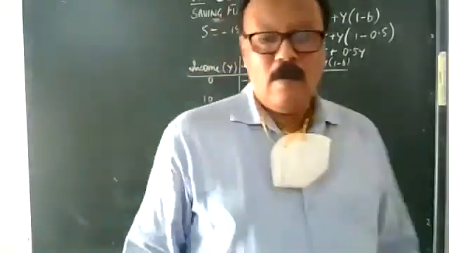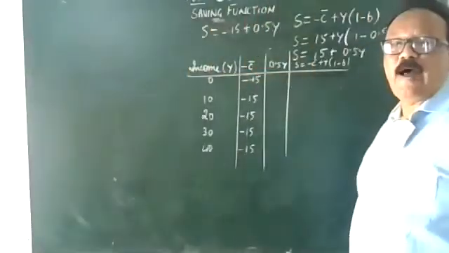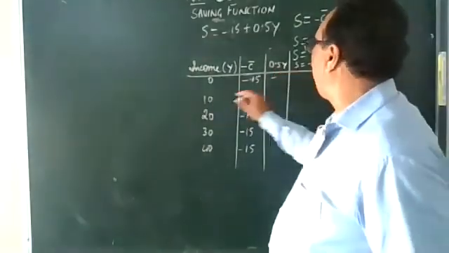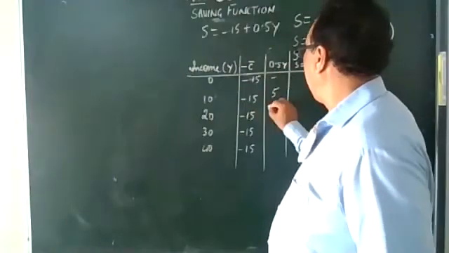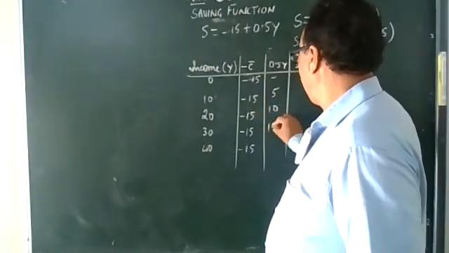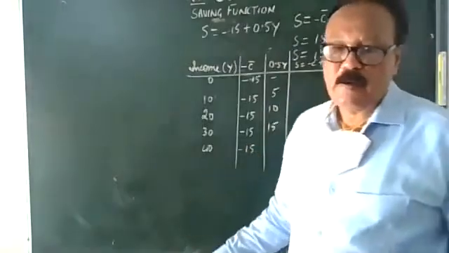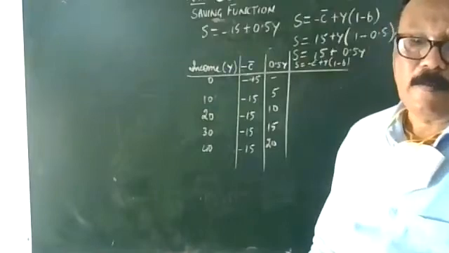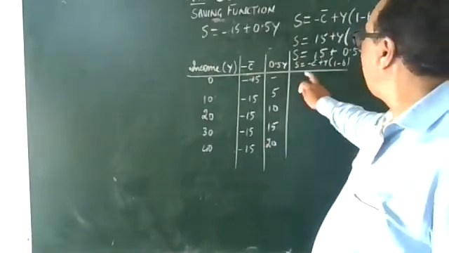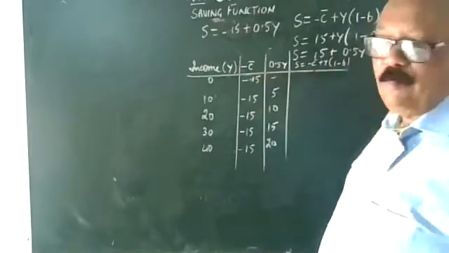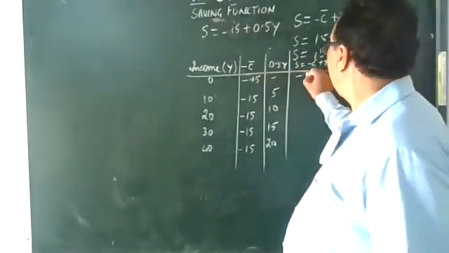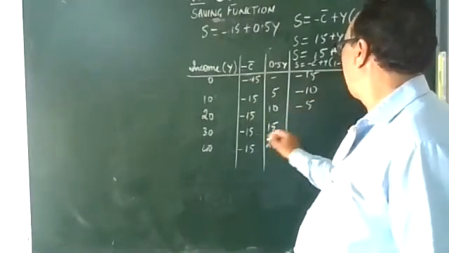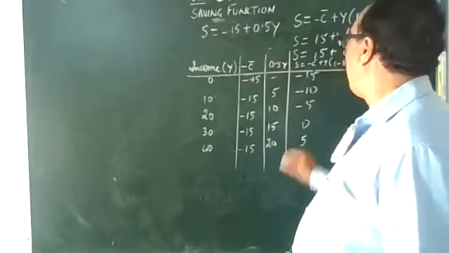Okay. Then the third column is 0.5 into Y. Because 0.5 into 10 is 5, 10, 15, and 20. Then the last column is S, which is the sum of these two. Minus 15, minus 10, minus 5, 0, 5.